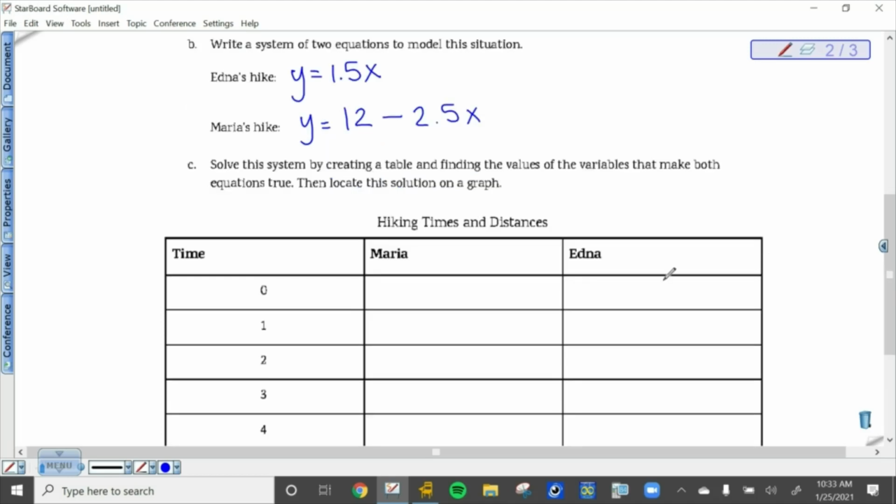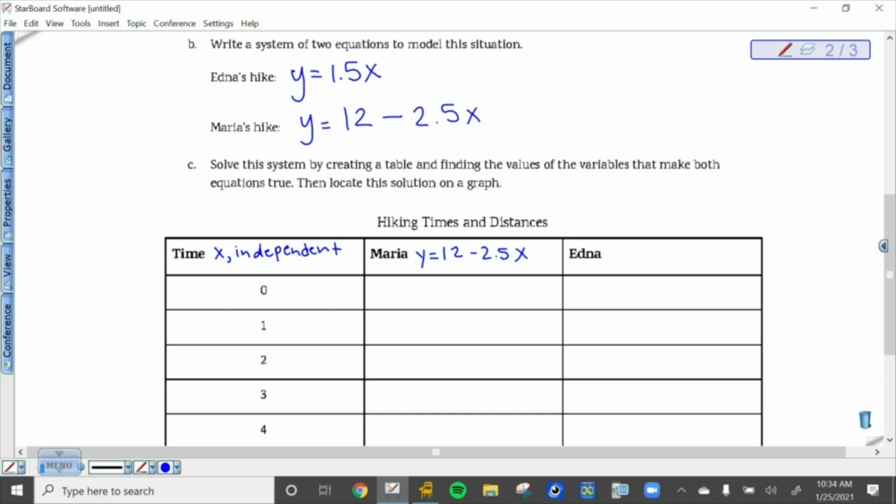So this is kind of like what we just did, but a little more structured. We have our time, that's our x variable, our independent variable. And then we have Maria's equation, which is y equals 12 minus 2.5x.